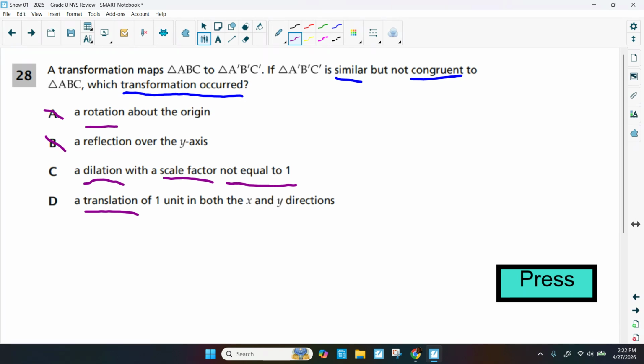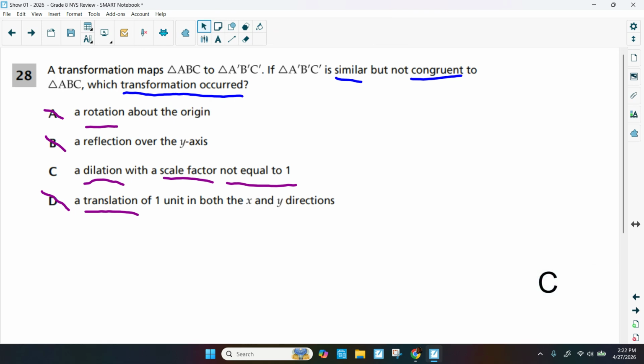When you have a translation or a slide, the shape stays the same in a translation. So dilation is the only one that grows or shrinks. So I would go with answer choice C.